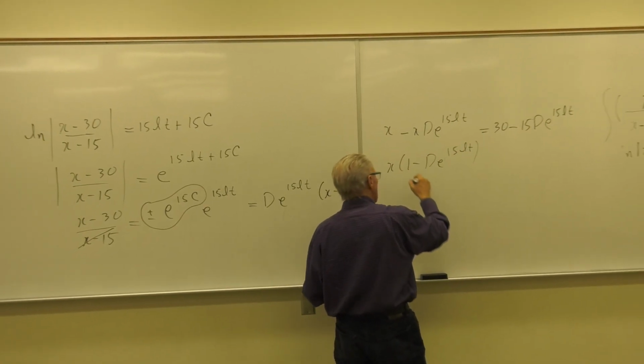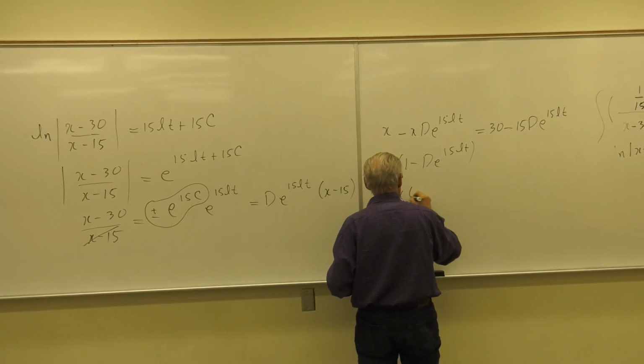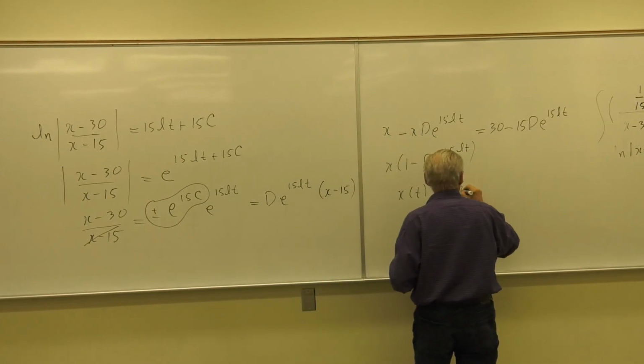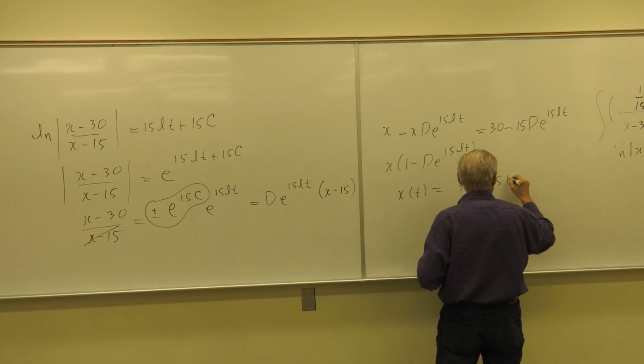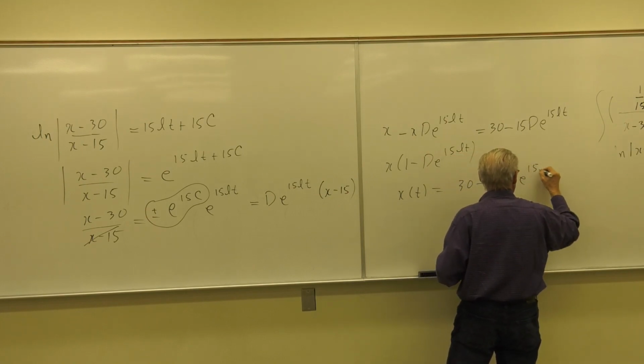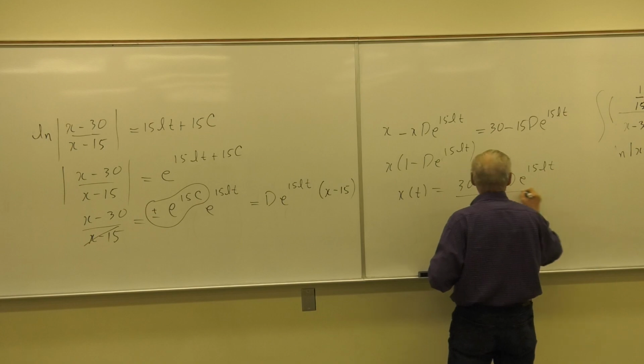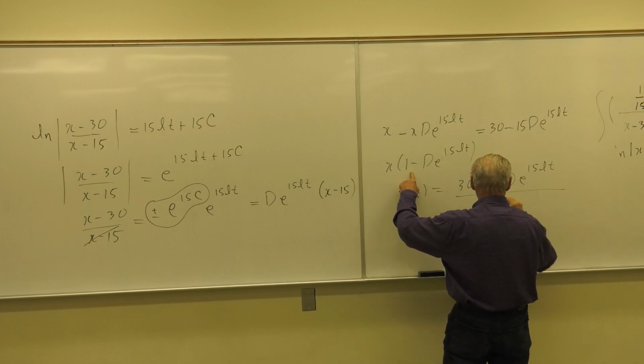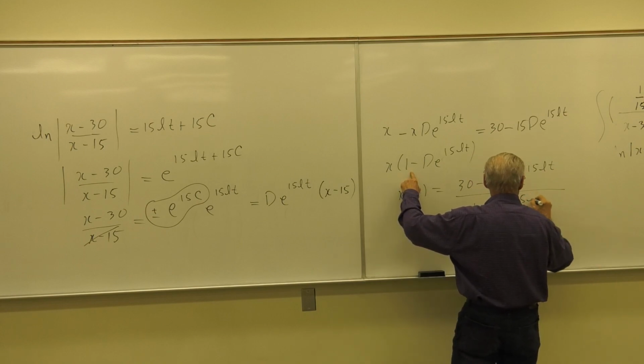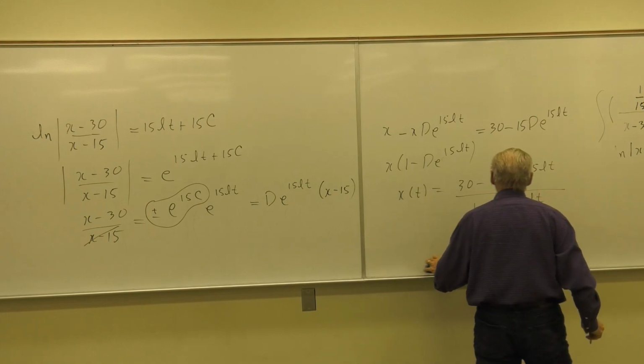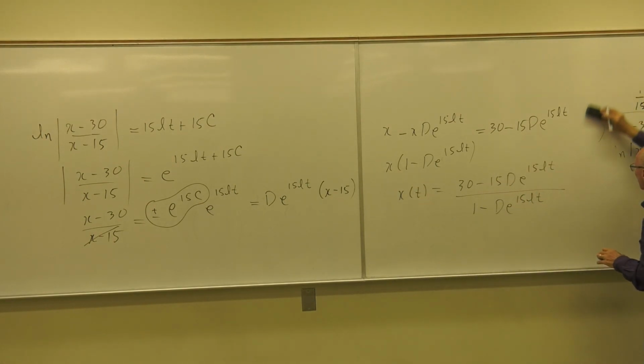And then let's divide by this. So x of t then is equal to 30 minus 15d e to the 15 lt over 1 minus d e to the 15 lt.